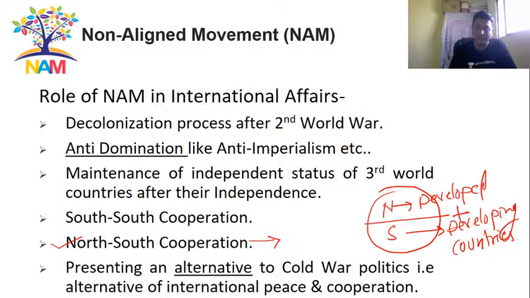There should be cooperation between them. Is there any example of North-South cooperation? Do you know any bloc, any organization, any association?